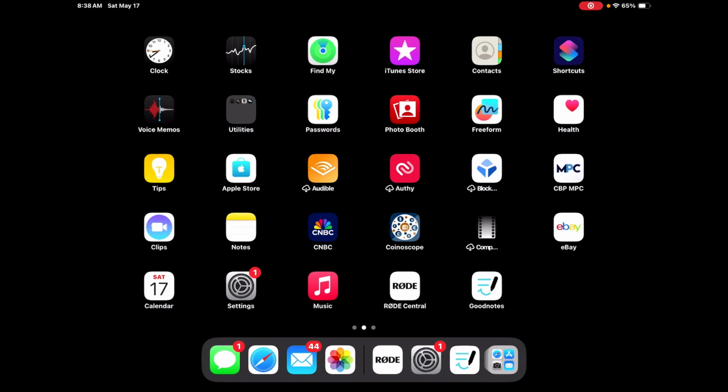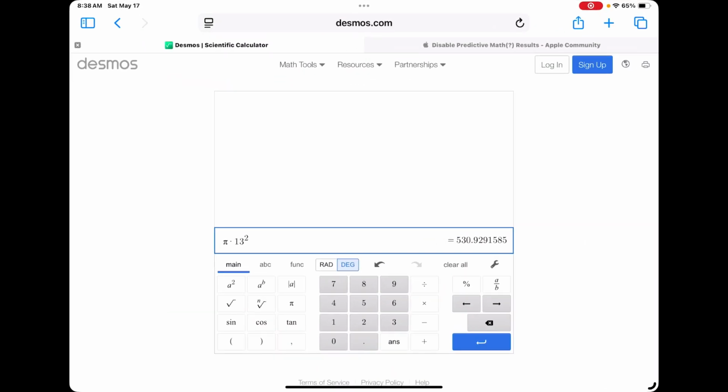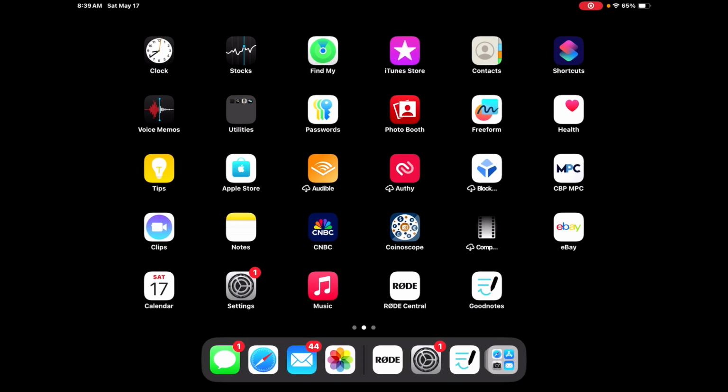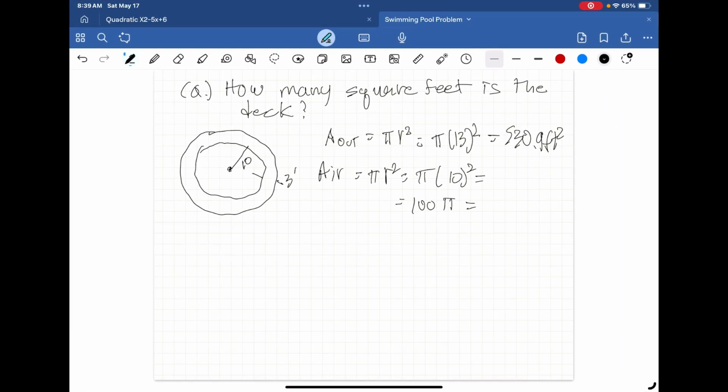Let's do that in our calculator. We can do that in our head, but we're going to use our calculator. Clear all, and we want to do 100 times pi, 314.1. That's 314.1, and that's square feet also.